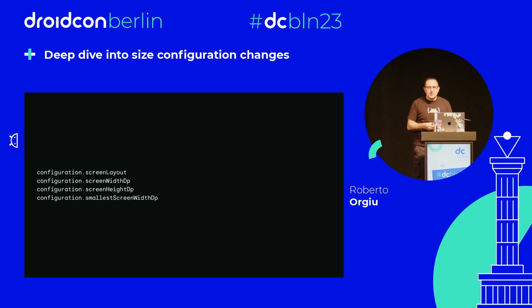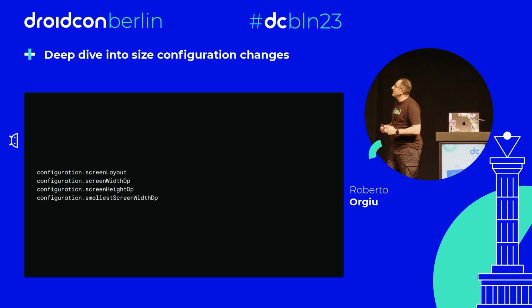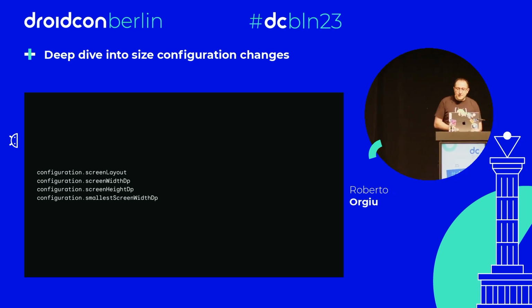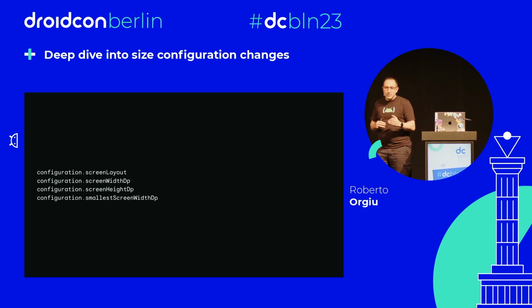But actually, the name is somehow misleading, because rather than the screen per se, this value represents how much space you actually have to render your app. So basically, they don't really match the size of your screen, but rather the amount of area that the user or the system gave to your app to render.